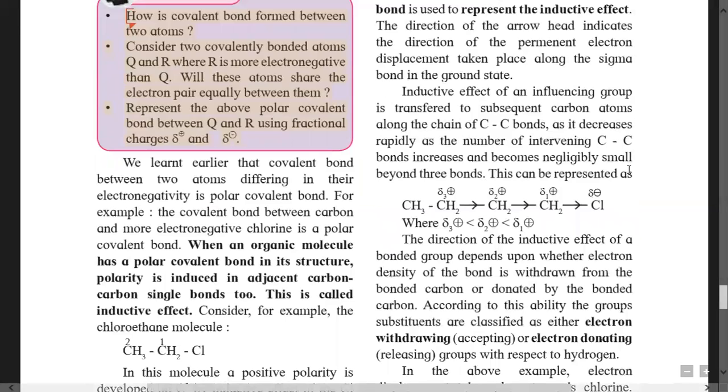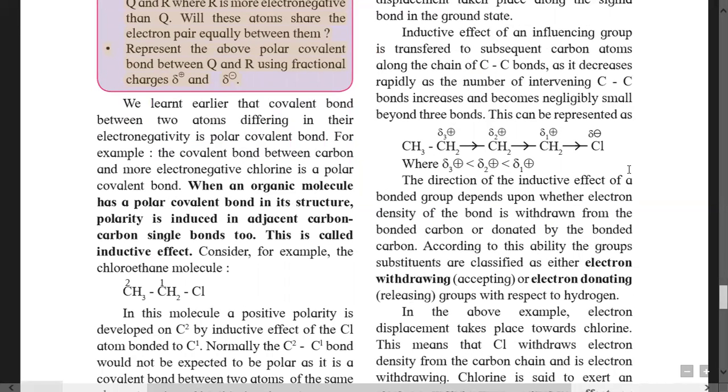And this can be represented with this example. Consider CH3-CH2-CH2-CH2-Cl.